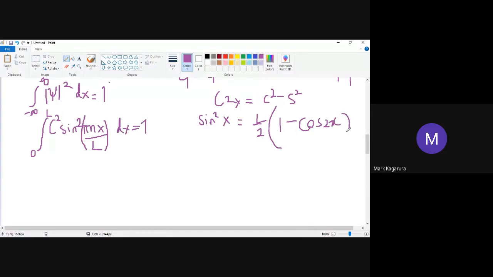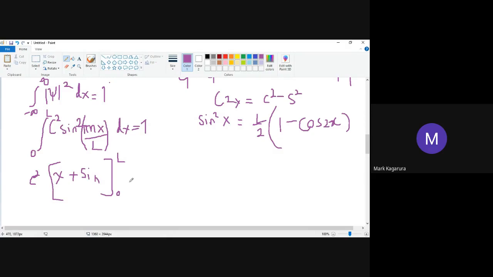We're going to integrate this from here, and we'll end up with C squared common. Our limits are going to be from 0 to L. So it will be x minus, when you differentiate cos, you get negative sine, so if you integrate cos, you have positive sine.